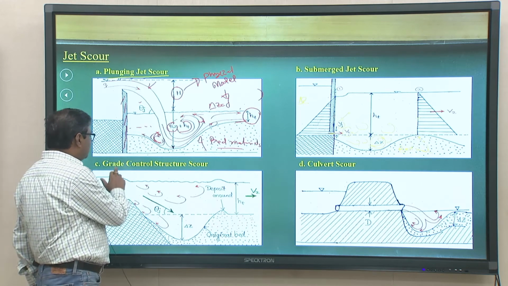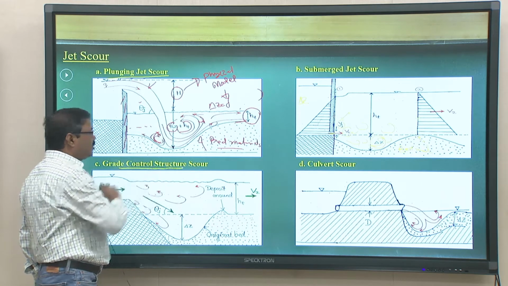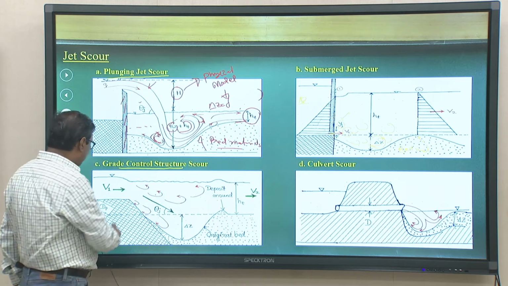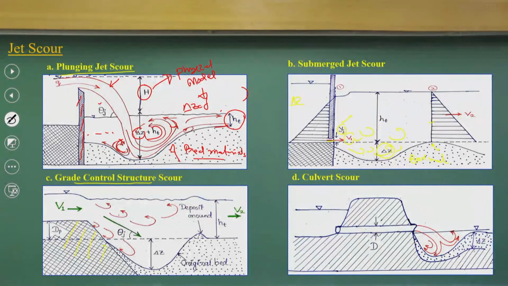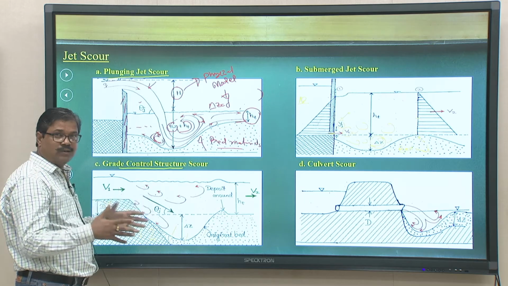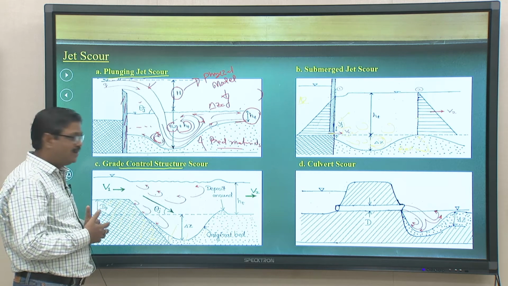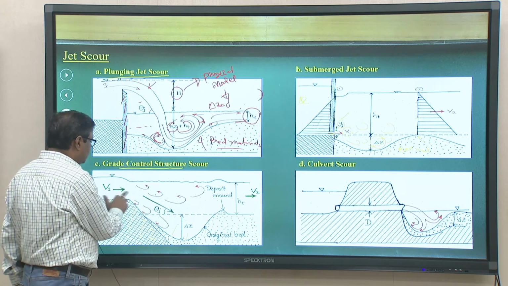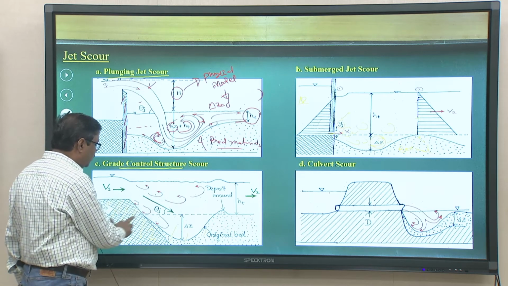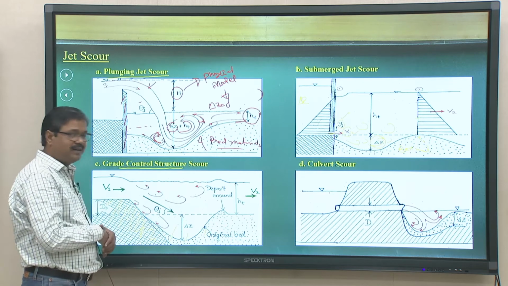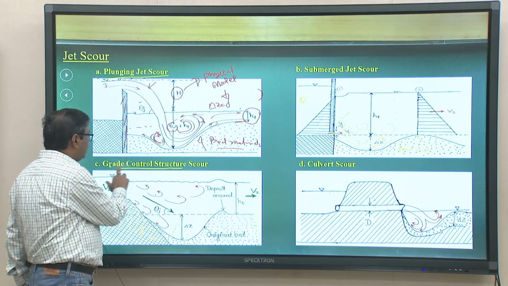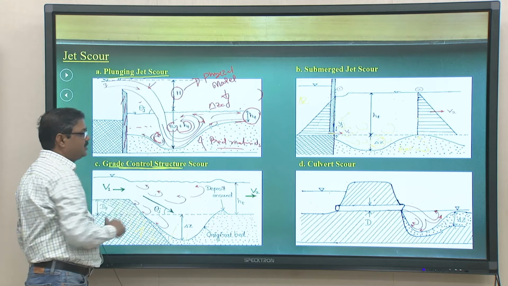But many times you can have grade control structure scours. That means you may have a higher level and then a lower level of scouring materials. It can happen in rivers. You may have regions where you have stones followed by sand. Because of this stone and sand, or if you have a weir in the river bed, you can have grade control structure scour.